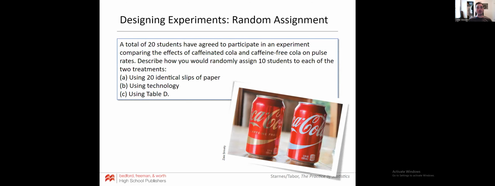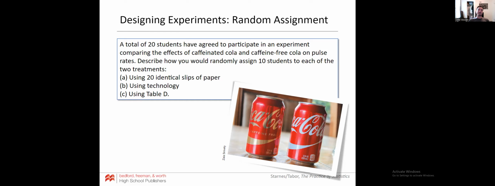So, for example, a total of 20 students have agreed to participate in an experiment comparing the effects of caffeinated cola and caffeine-free cola on pulse rates. Describe how you randomly assign 10 students to each of the two treatments. Okay. So there's three different ways you could go about this. You could use 20 identical slips of paper, write names down and separate them into two groups. That's random enough.